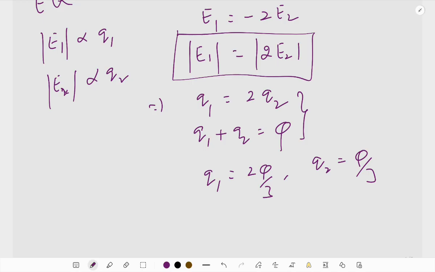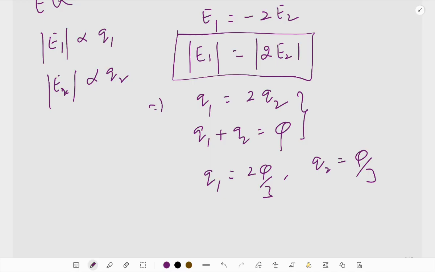You can say now that the charge minus 2Q by 3 will pass through galvanometer G1 to plate 1 from ground, or you can say it in reverse direction, that a charge plus 2Q by 3 will pass through G1 from plate 1 to the ground, or minus 2Q by 3 from ground to plate 1.